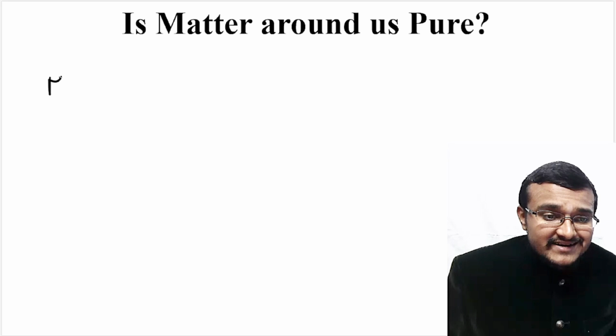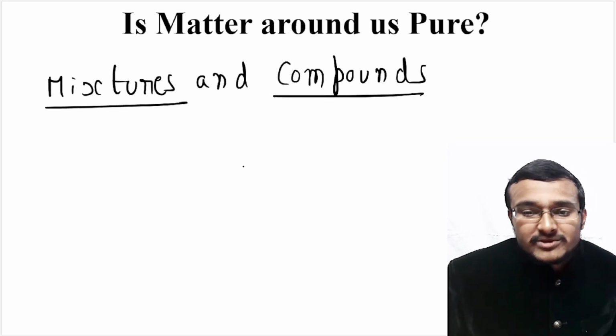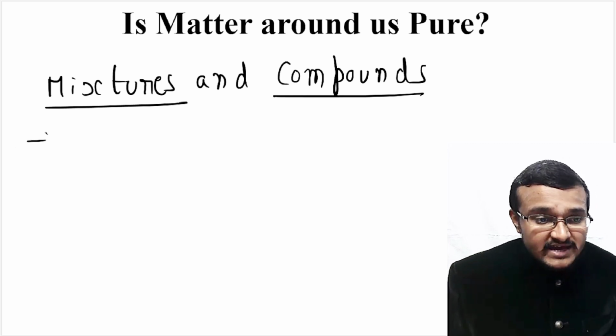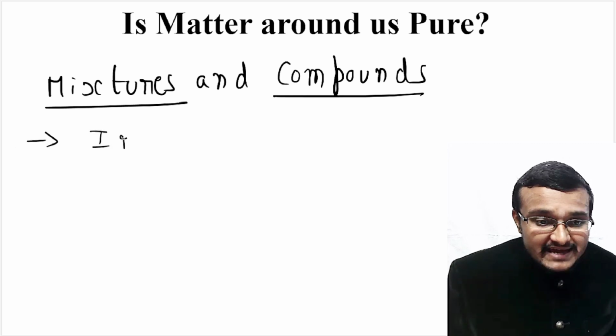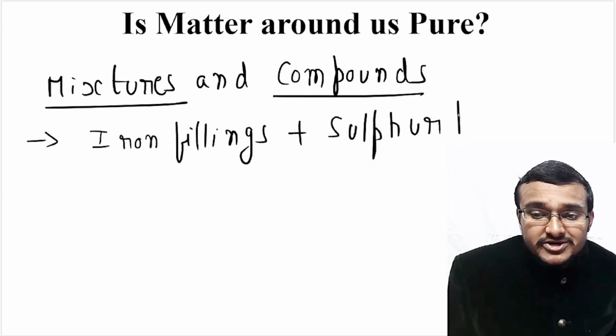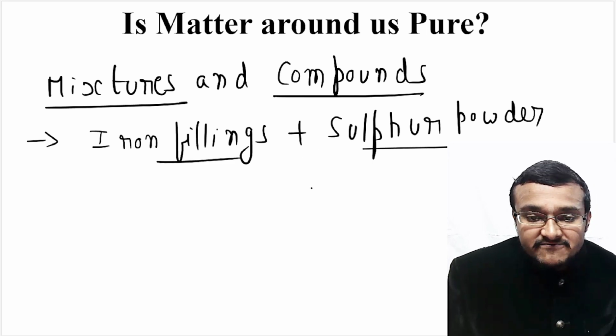Now let us understand the difference between mixtures and compounds. For this you can do an experiment in laboratories where you take some iron filings and mix them with sulfur. Take some sulfur powder and some iron filings.